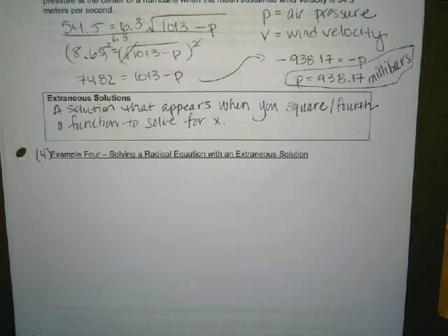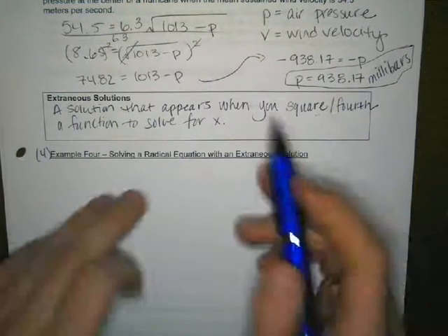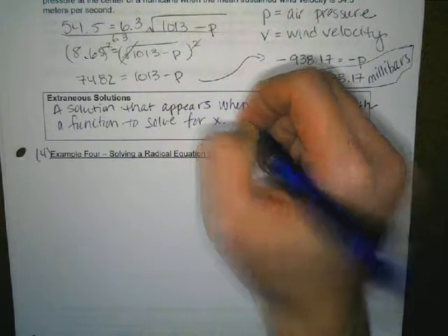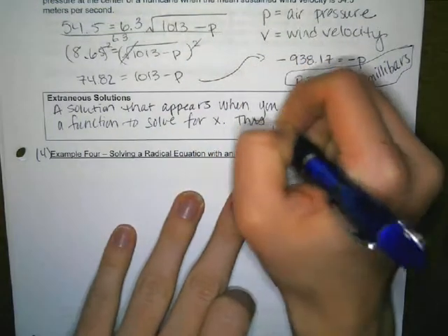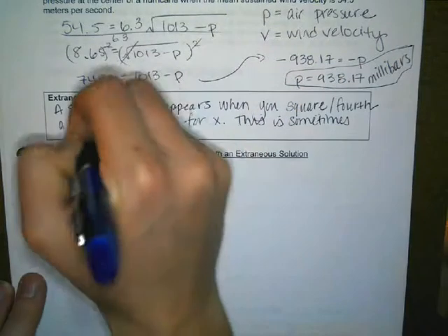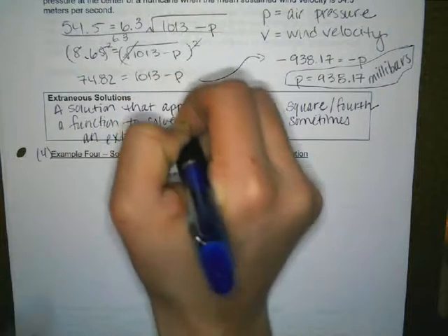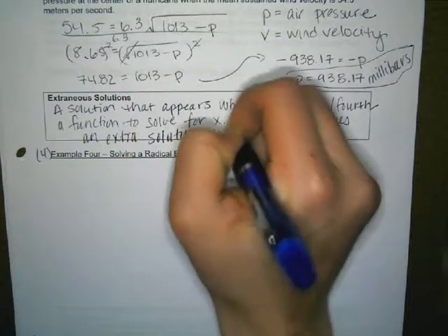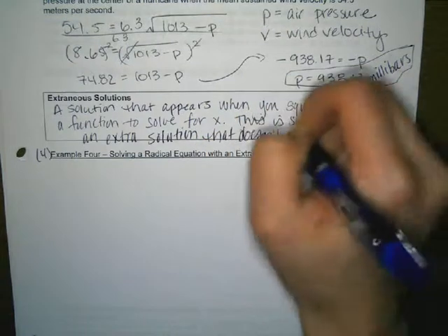But sometimes when you square or raise to the 4th, really if you raise to an even power to solve for x, it's an extra solution that doesn't end up working. So it's an extra solution that doesn't actually work when we check.